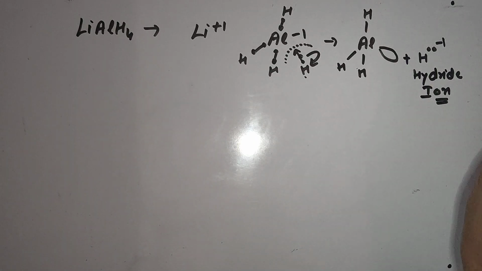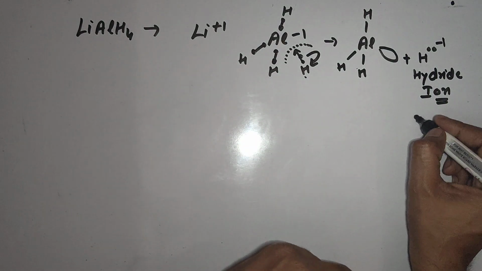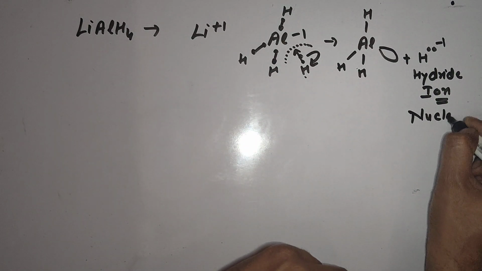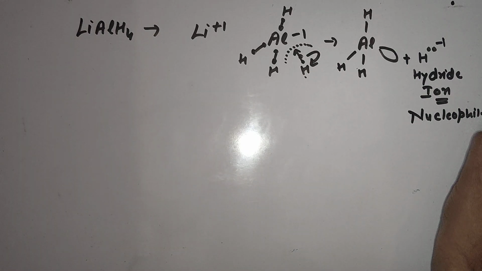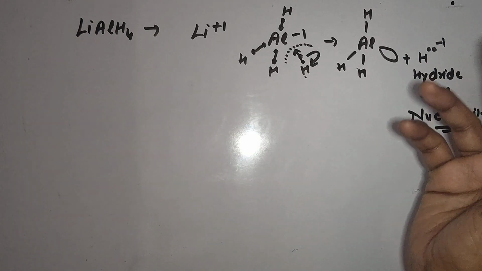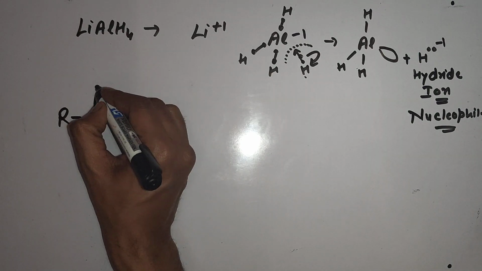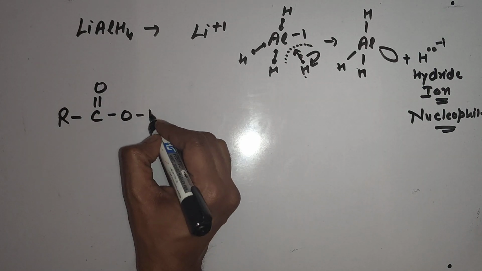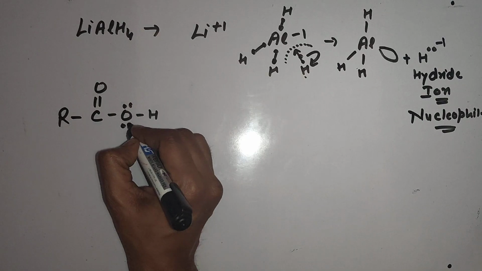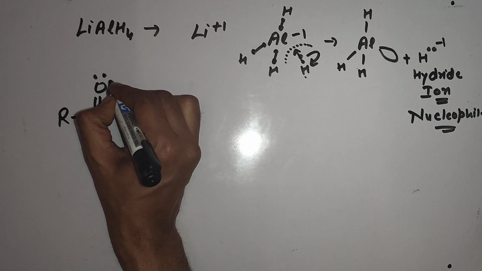This one. Now the hydride ion is a nucleophile. What does it want? A positive particle. Where do we have a positive particle? Carboxylic acid. Who is the positive particle here?